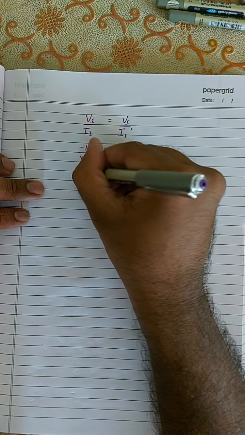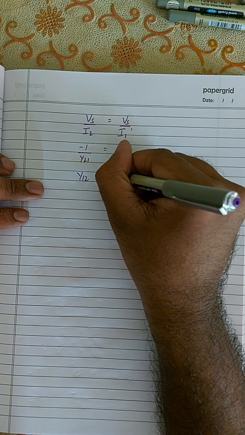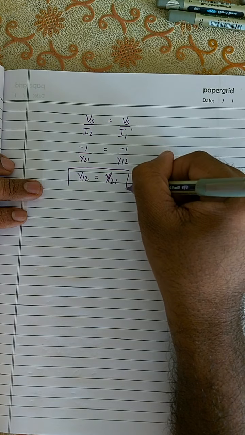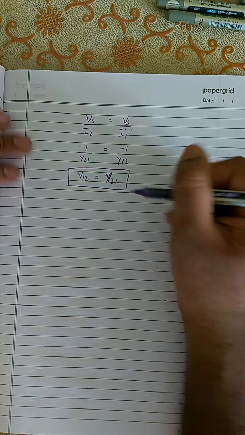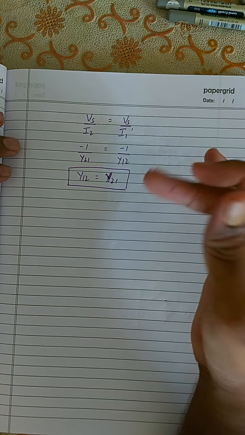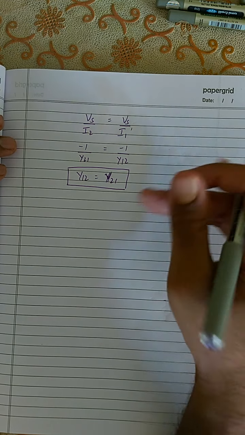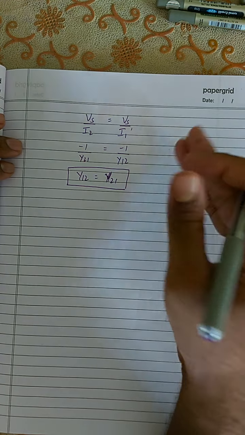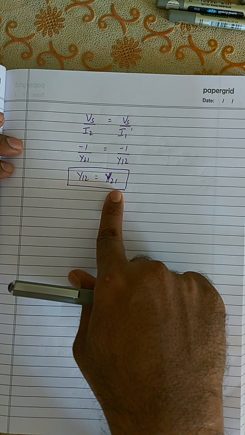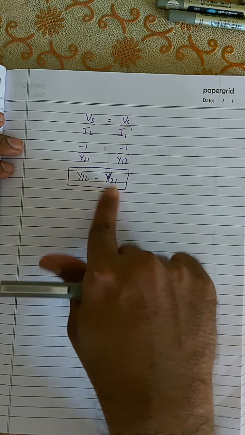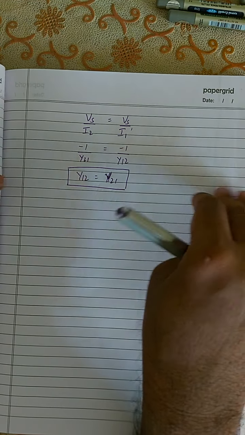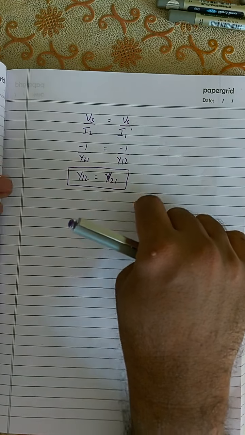In that case, y12 is equal to y21. This is the condition of reciprocity in Y parameters. You can check whether the network is reciprocal or not by whether y12 is equal to y21. If these two values are equal, the network is reciprocal. If they are not equal, it is not reciprocal.